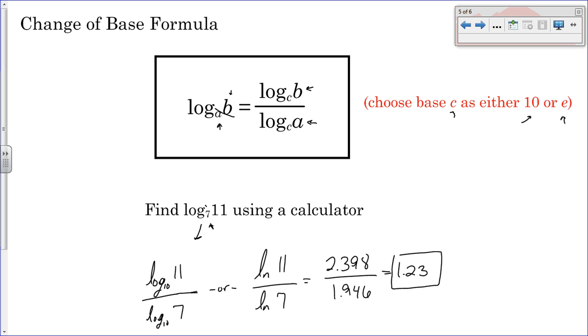Like I said, you can draw a little fraction bar in there. So it's log base 10 of 11 divided by log base 10 of 7, or natural log of 11 over natural log of 7. Both ways will give you the same answer.